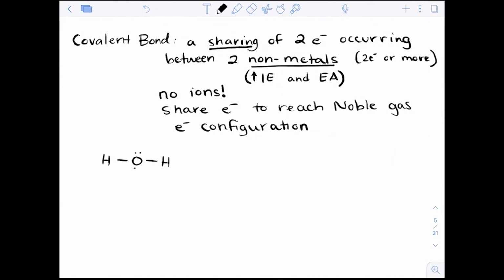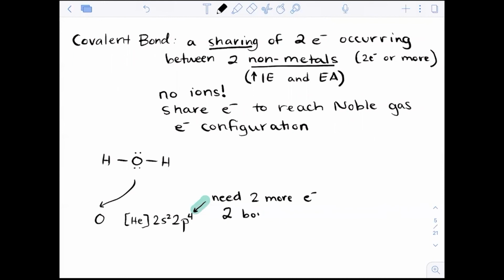So if we think about hydrogens and oxygens in water, oxygen has an electron configuration of helium 2s2 2p4. We see that in its outermost shell, we need 2 more electrons. So oxygen tends to make 2 bonds.